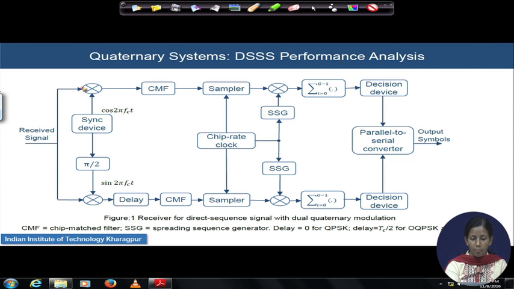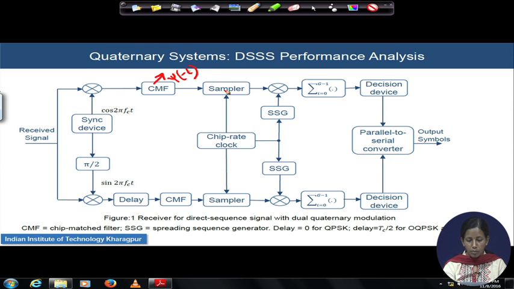Basically, this is the operation to bring the signal from RF to baseband, so you need to synchronize it with FC. Finally, this is the chip matched filter, where we saw earlier that the matched filter transfer function was matched to the chip waveform that you are transmitting.